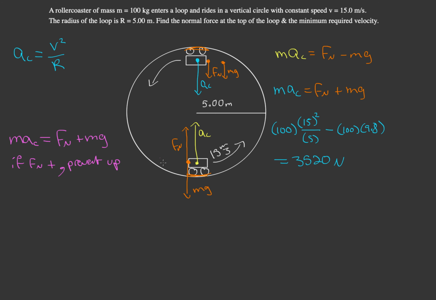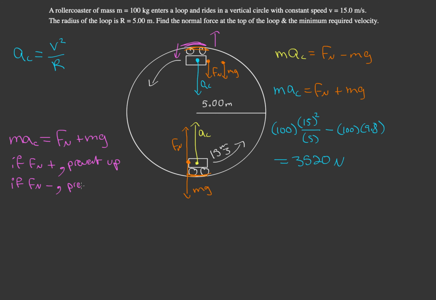So if the car is going really fast, the moment we get to the top of the loop, the surface right here is pushing down to prevent the cart from going up. If our normal force is negative, then it's trying to prevent us from going downwards, so the normal force would be pointing this way.